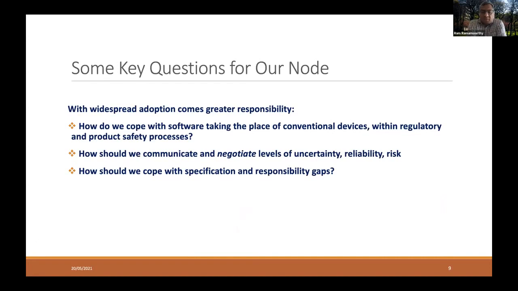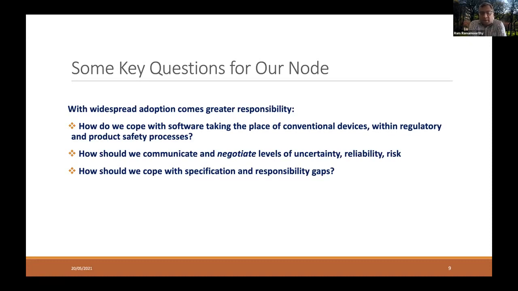So what specifically will we focus on when it comes to the nitty-gritty within our node? We are interested in asking the question, to the extent that AI-based systems are systems of complex software, and they're taking the place of conventional devices. As an example, software is now a medical device, and medical device regulation doesn't immediately take into account what to do with software. So we want to cope with these kinds of issues.